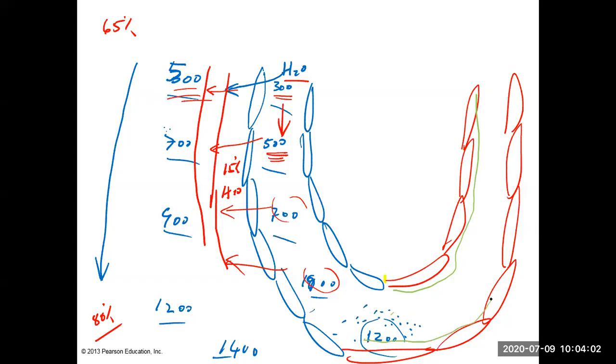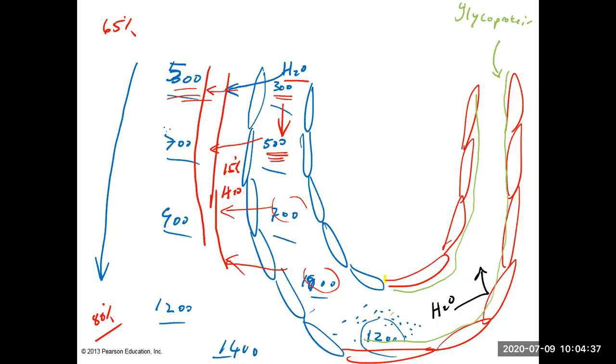So water again wants to go outside because outside of the tube has a higher osmolarity, but it can't. Water cannot go through because of this glycoprotein. So water wants to go out, but can't. In the ascending loop of Henle, 0% of water reabsorption takes place.